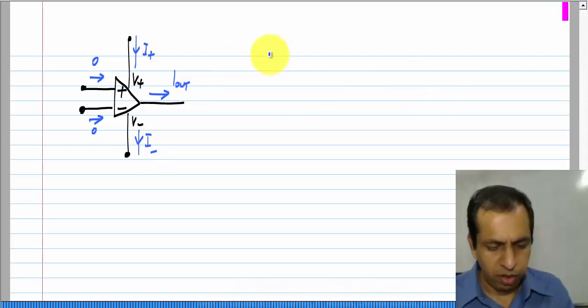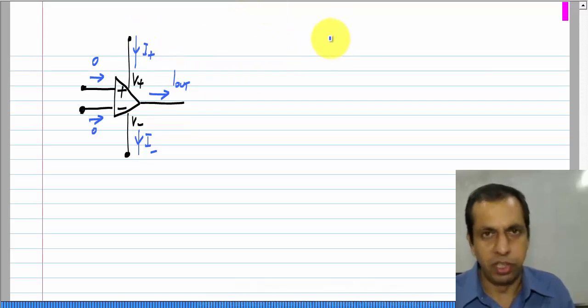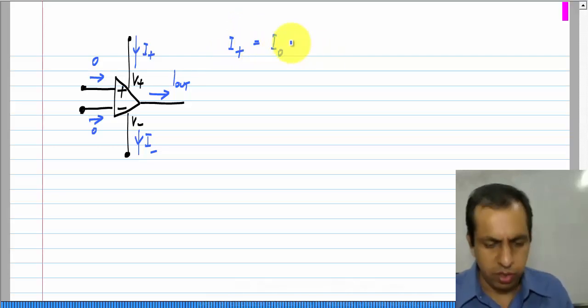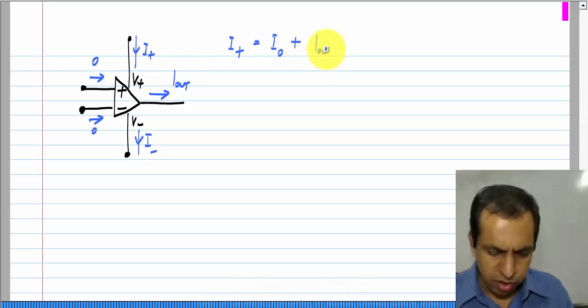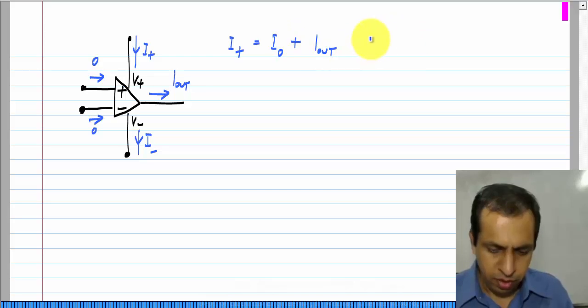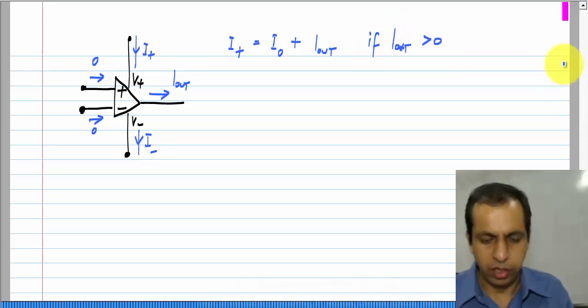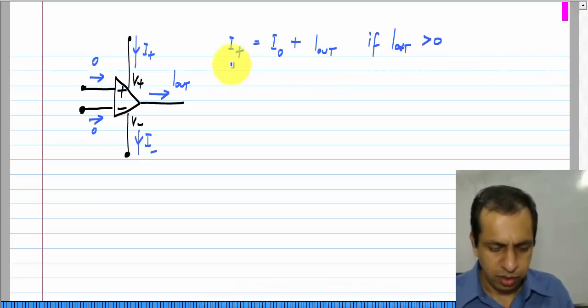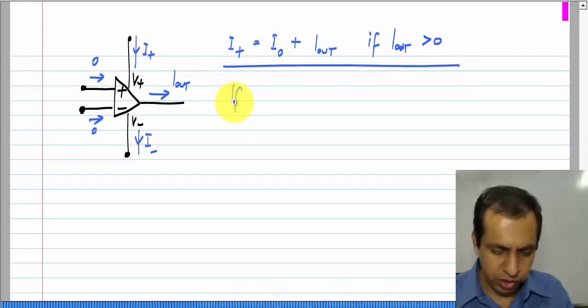Now, a very simple model for this I plus and I minus is that I plus is some fixed value I naught plus I out, okay, if I out is greater than 0. Okay. Rather, let me first put this condition.